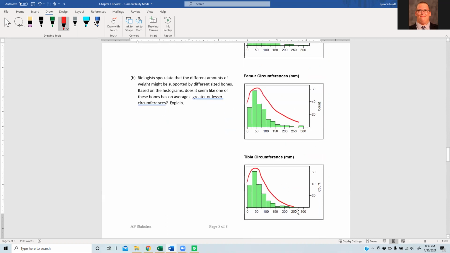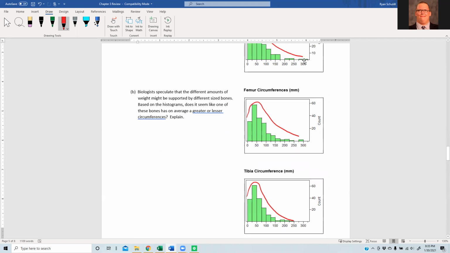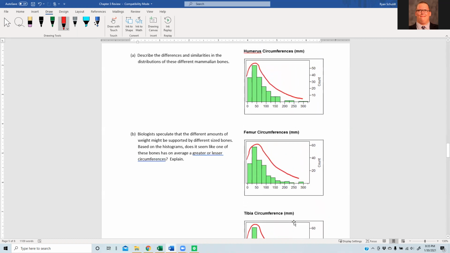The tibia circumference doesn't spread out quite as far. Notice the top 2 have some that go either up to 300 or just past it. Tibia doesn't look like it goes past 250. So tibia is kind of a little bit tighter in than the rest.